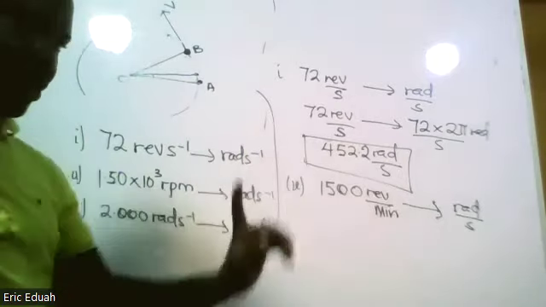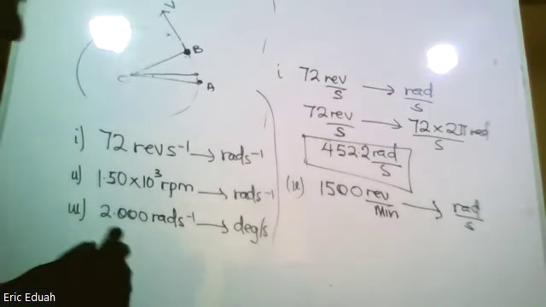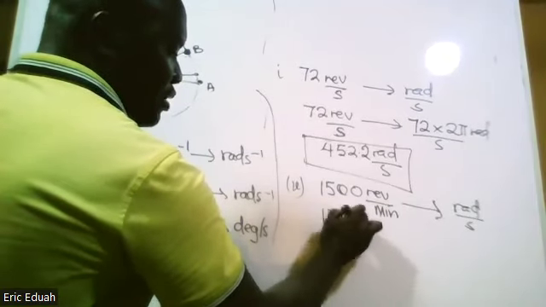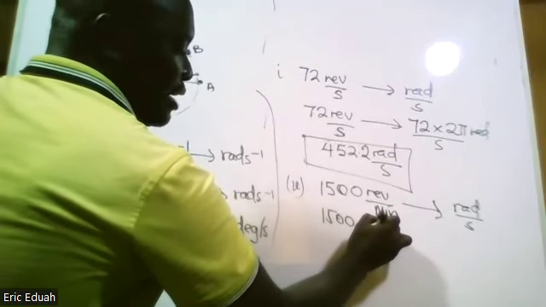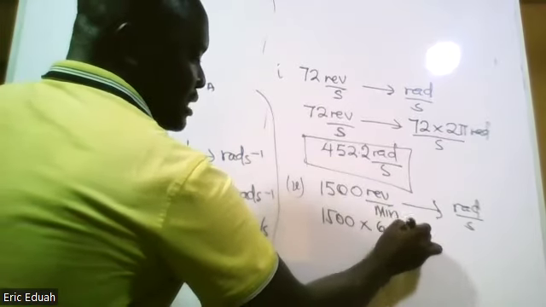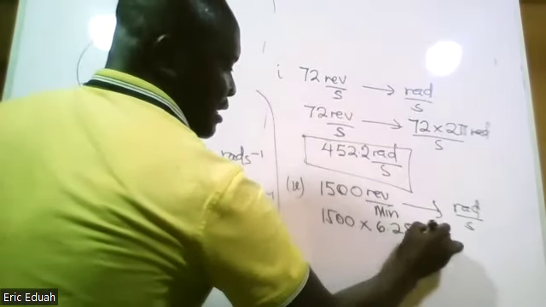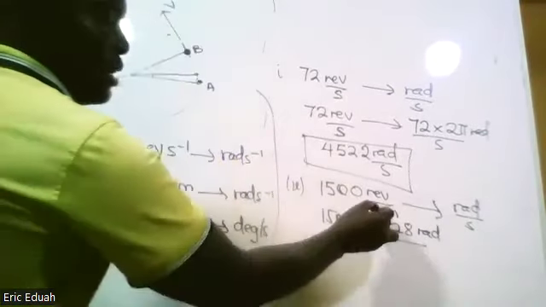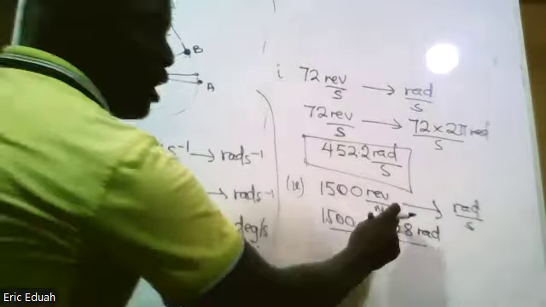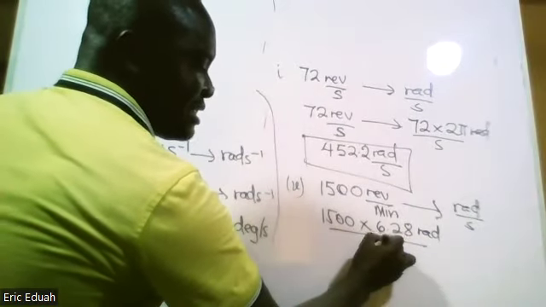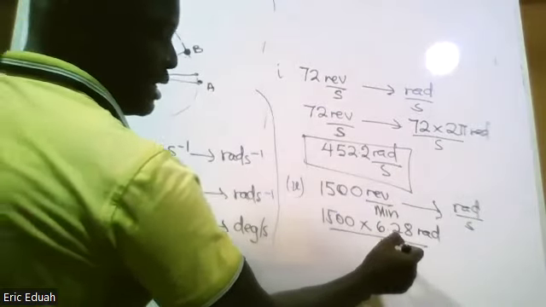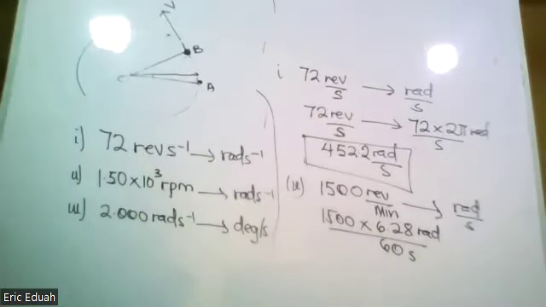The numerator is not an SI unit, and neither is the denominator. So let's convert the numerator. We have 1500 times 2 pi, and 2 pi is 6.28 radian, over 1 minute, and 1 minute in seconds is 60 seconds.